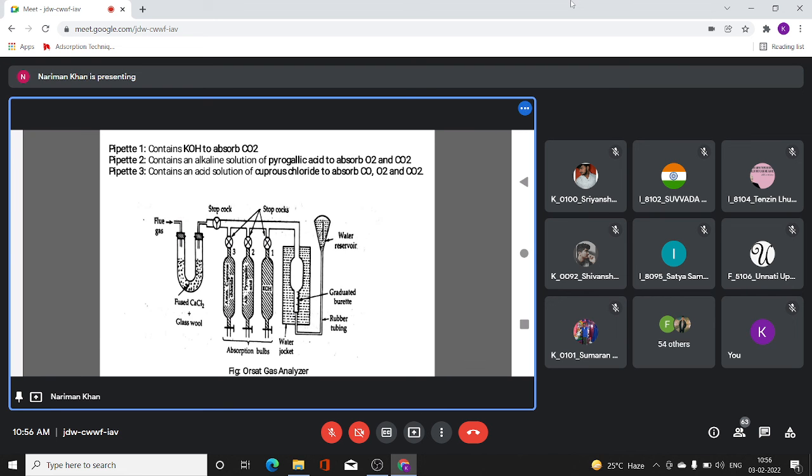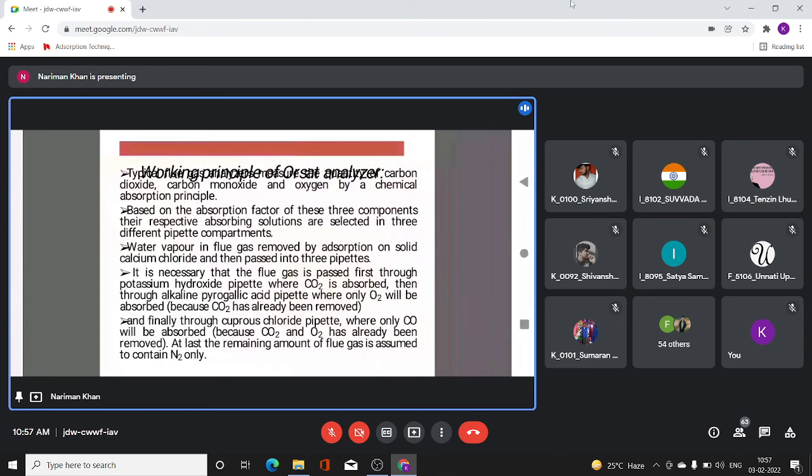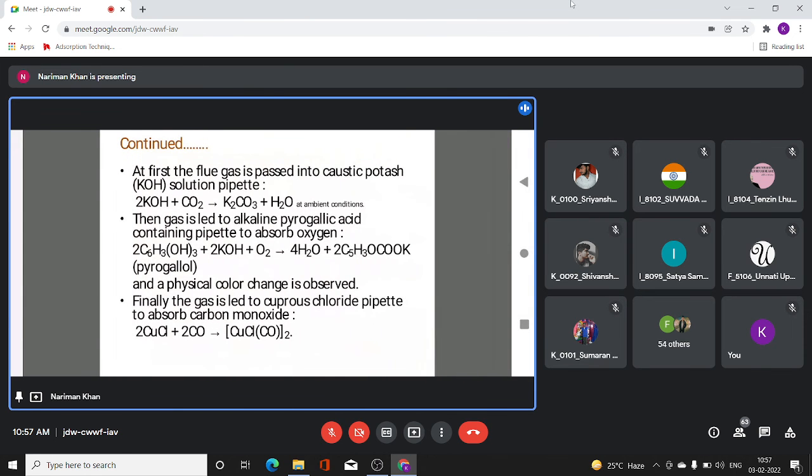Similarly, the initial weight of the pyrogallic acid pipette and the cuprous chloride pipette. After the absorption of gases, their weights increase. This increase in weight will be the weight of carbon dioxide, carbon monoxide and oxygen. In this way, we can find the weight of each gas present in our fuel.